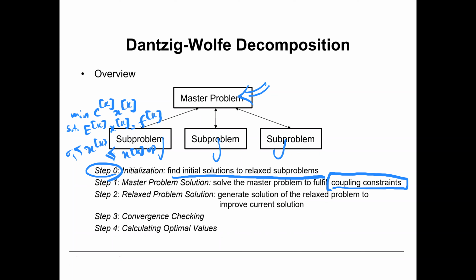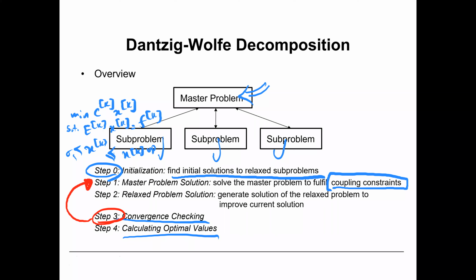In step 3, you check whether you have converged to the optimal solution or not. We call it convergence checking. And finally, in step 4, we calculate the optimal values for all of the variables after we ensure that we reach optimality. If not, after step 3, we are going to repeat these steps.